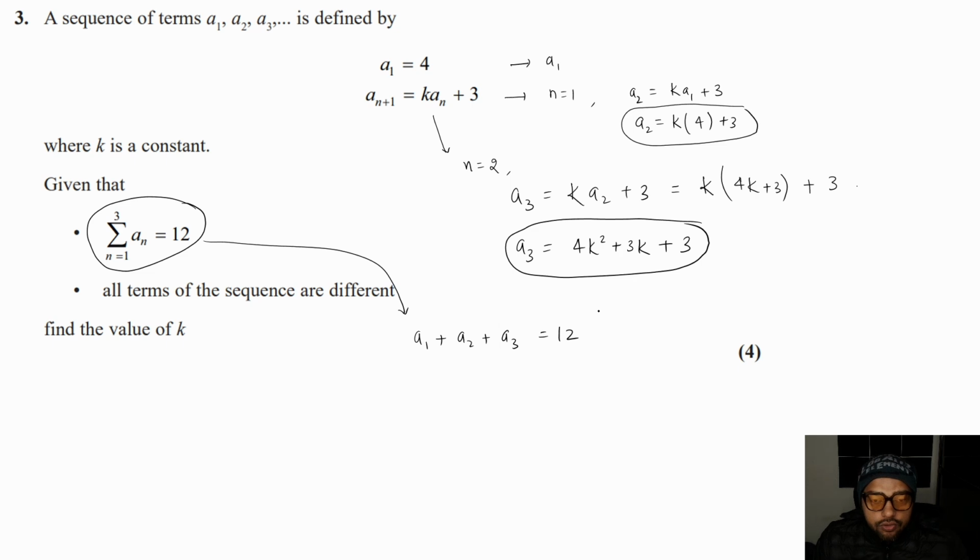We just need to plug the values of n equals to 1, 2, 3, and it is a summation sign, so we need to add this part. So it will be 4 plus 4k plus 3 plus 4k square plus 3k plus 3 equals to 12.